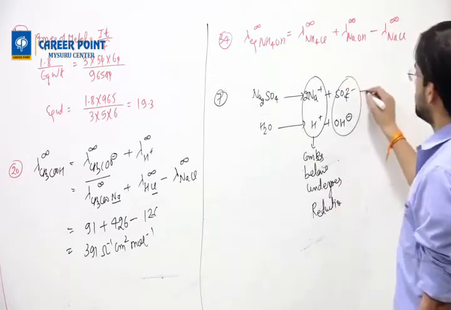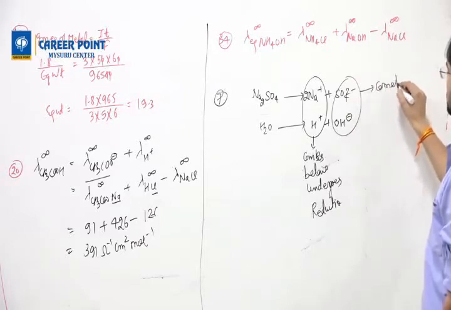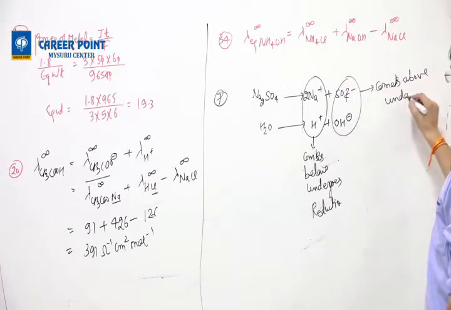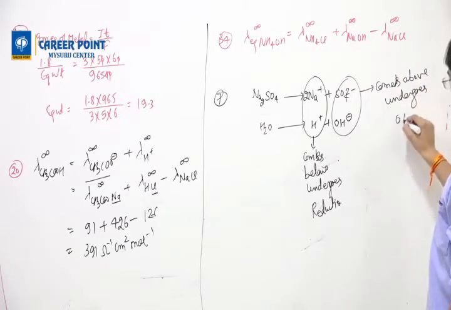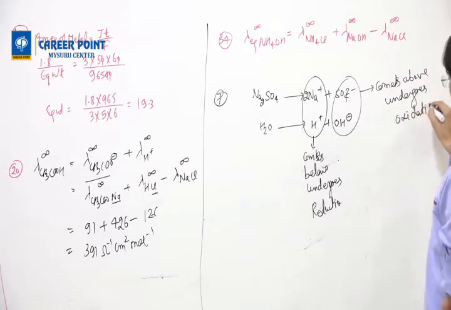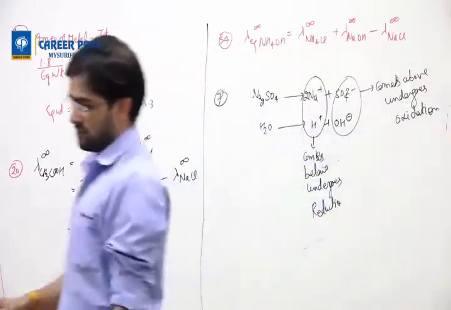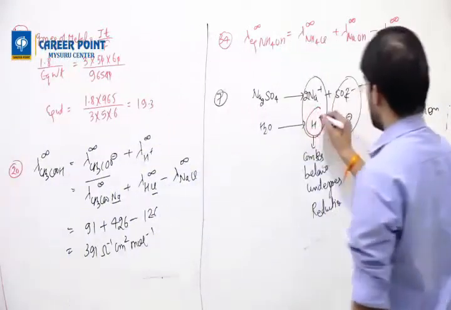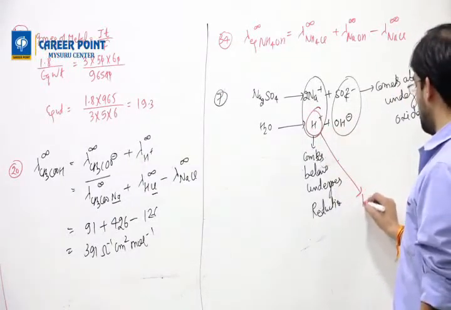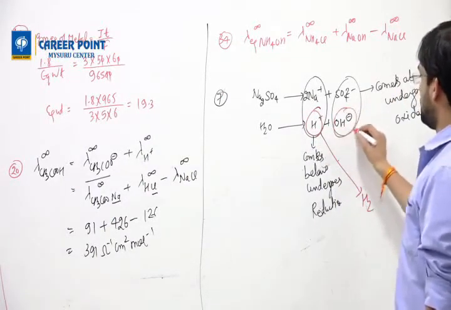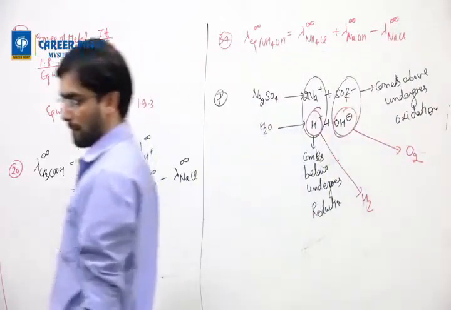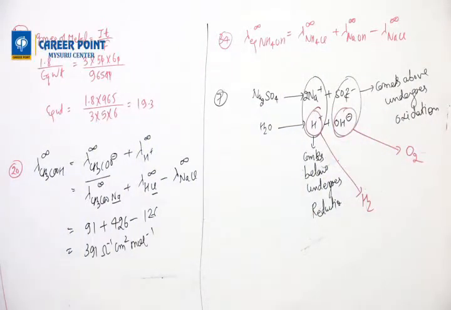Out of these two, the one which comes above undergoes oxidation. So if you remember that series, then H plus which comes down will form H2. OH minus comes above, so it will form O2. That is question number 7.